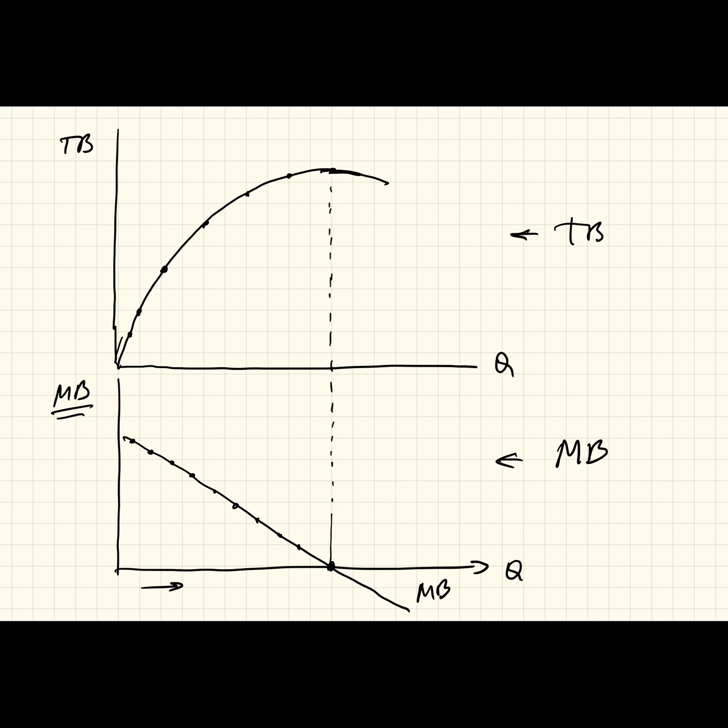The main message here is that marginal benefit going down doesn't mean total benefit is going down. As long as marginal benefit is positive, total benefit is growing. Only when marginal benefit becomes negative, crossing into this area, does total benefit start dropping. All right, very well. I hope this makes sense.